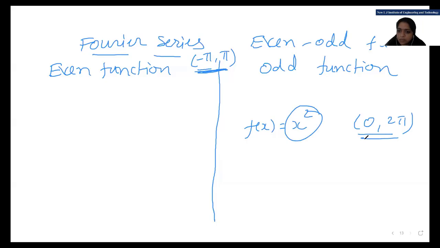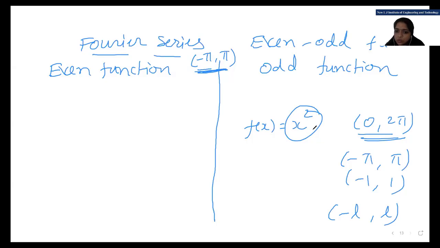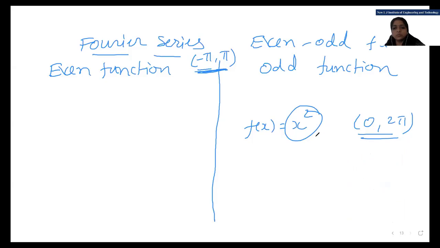Your limit must be minus pi to pi, minus 1 to 1, or in general minus L to L. Then and only then you convert your function into even or odd. If your period or limit starts with 0, then you cannot convert your function into even or odd function. Got it?